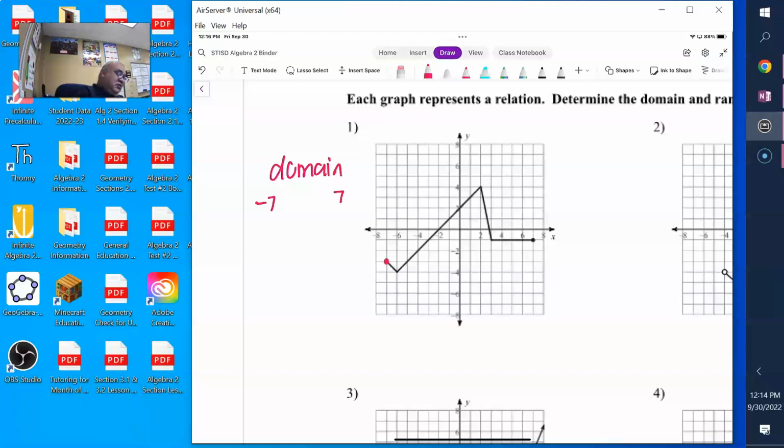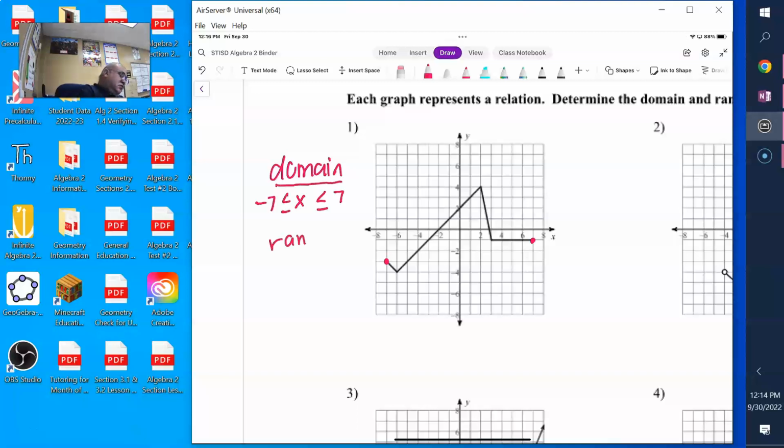And you notice it's closed, so it's going to be equal to. To represent all the numbers between -7 and 7, it's going to be x. The numbers to the left of 7 are going to be less than or equal to, and the numbers to the right of -7 are going to be greater than or equal to. So that's the domain.